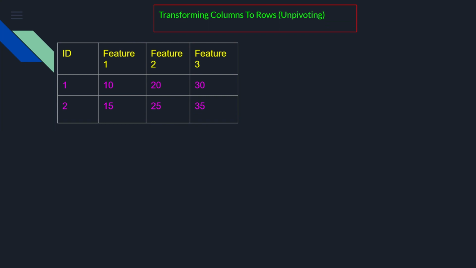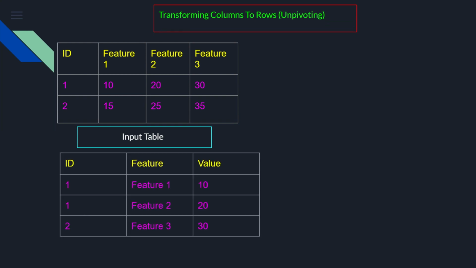Now I want to transform this. This will be our input table, and the output should be in this format. The below table is the output. So simply, we want to convert columns to rows. How will you achieve this?